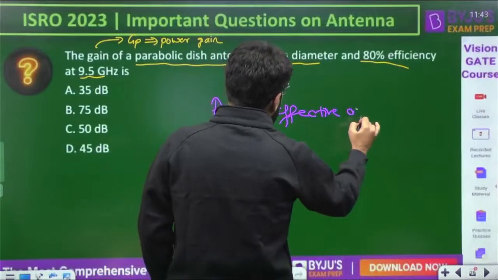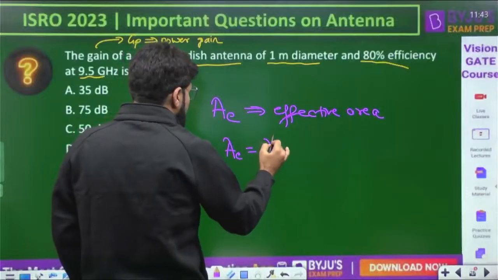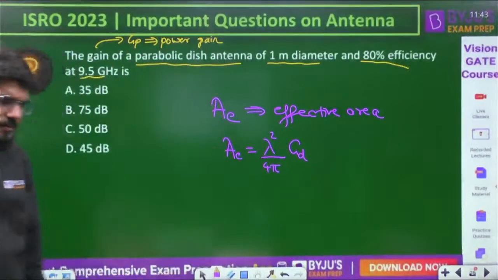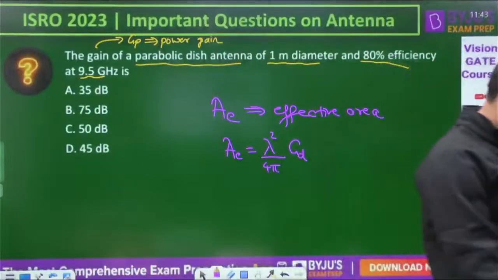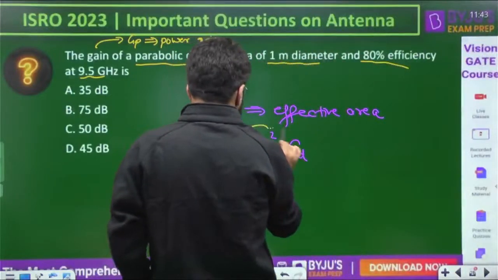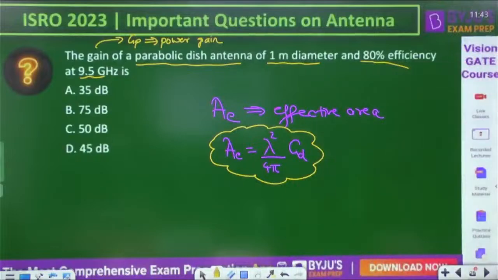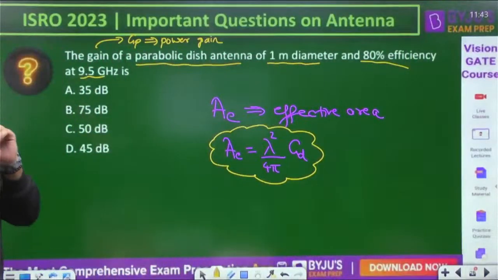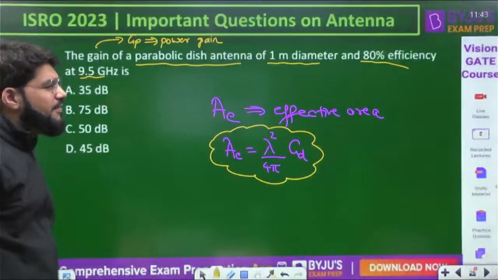AE is a term which is known as the effective area, and that is given by the formula lambda square by 4 pi into the GD. That is the formula for effective area of an antenna.